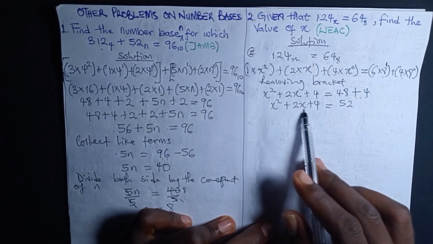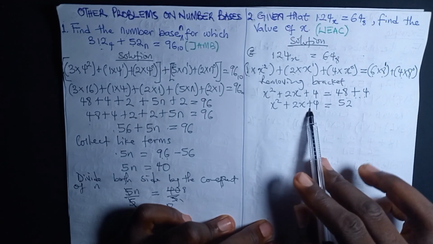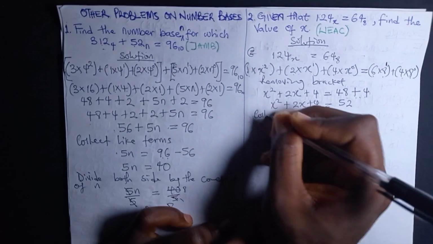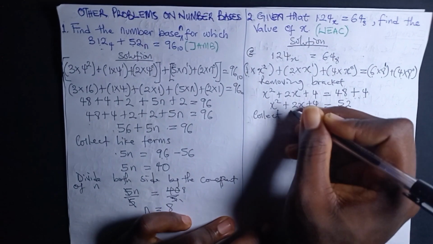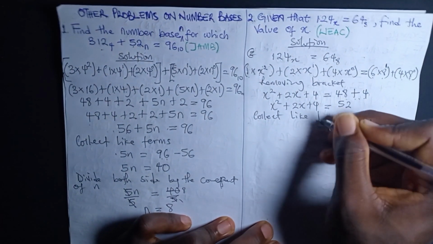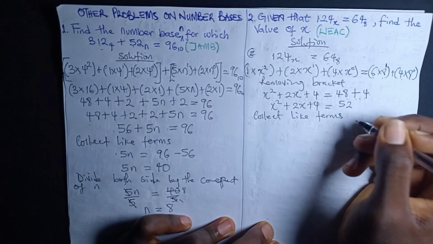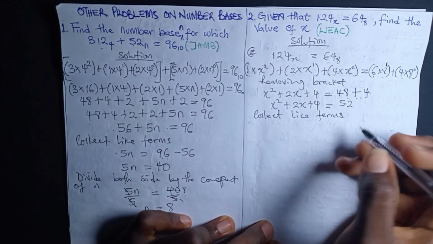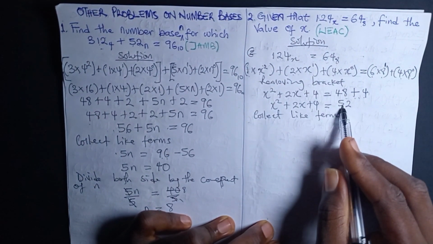Now, if we collect like terms, we take plus 4 to the other side of the equation.